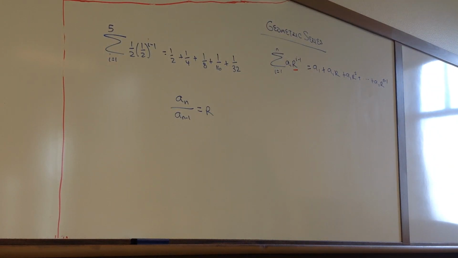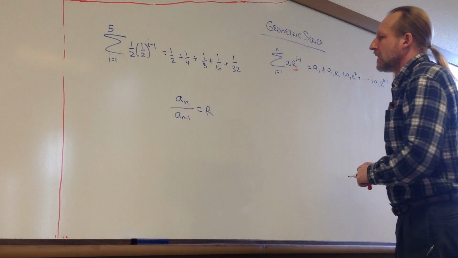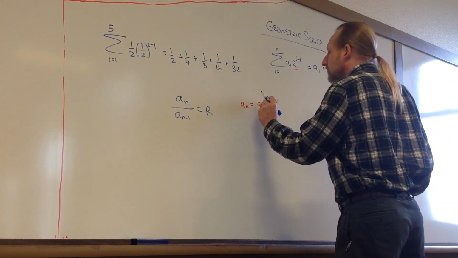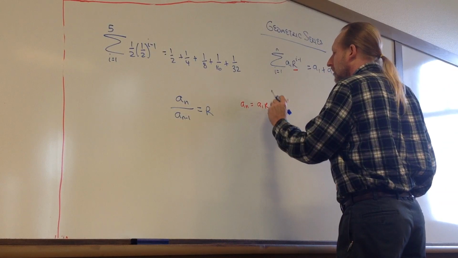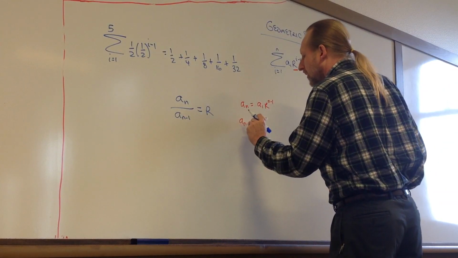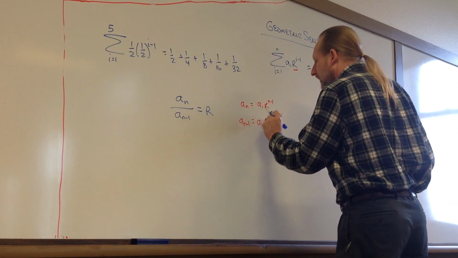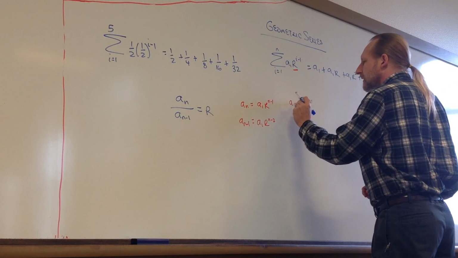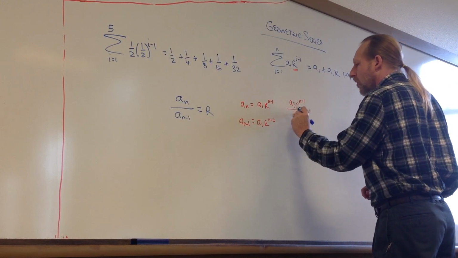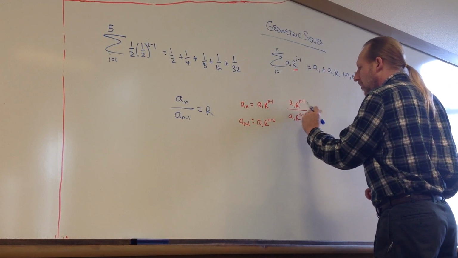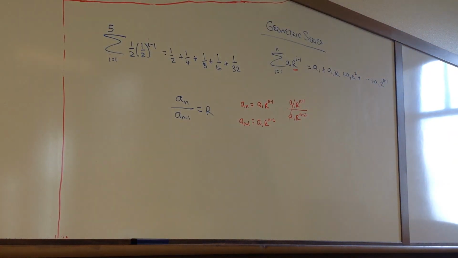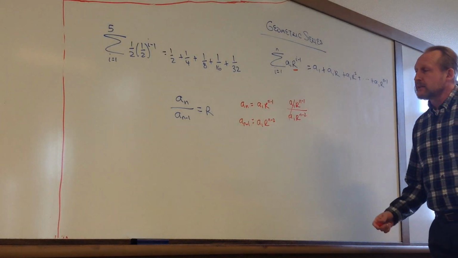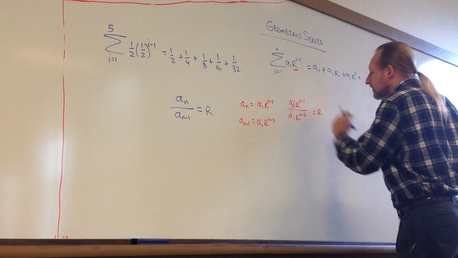And we can just plug that into the standard form here. A sub n is going to be a1 r to the n minus 1. A sub n minus 1 is a1 r to the n minus 2. And so if we calculate this ratio, those a1s cancel each other out, and r to the n minus 1 over r to the n minus 2 is equal to r.